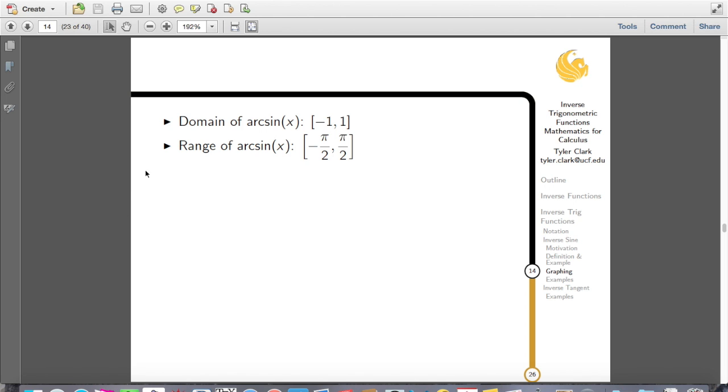So that means the range of our arcsine function is going to be -pi/2 to pi/2. Because remember, when we have inverse functions, the domain and range switch between the two. So that means that since sine is between -1 and +1, we want the domain of the arcsine to be -1 to 1.